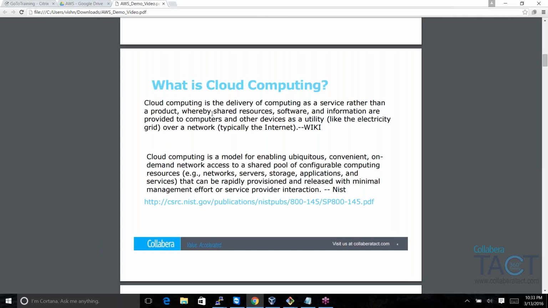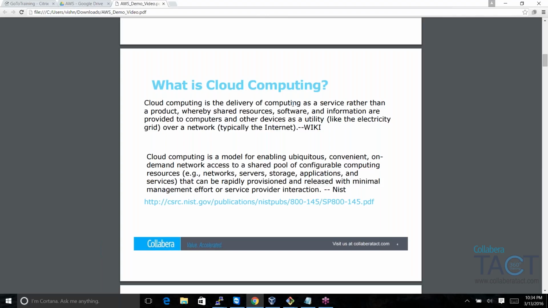In the olden days, for everything that you wanted, you bought a server, you bought the software, you installed the software, then you ran the application. Everything was taken care of by the end customer itself. But now, with the emergence of cloud computing, there are people who specialize in delivering a product as a service. The important thing here is any computing service can be provided as a service.